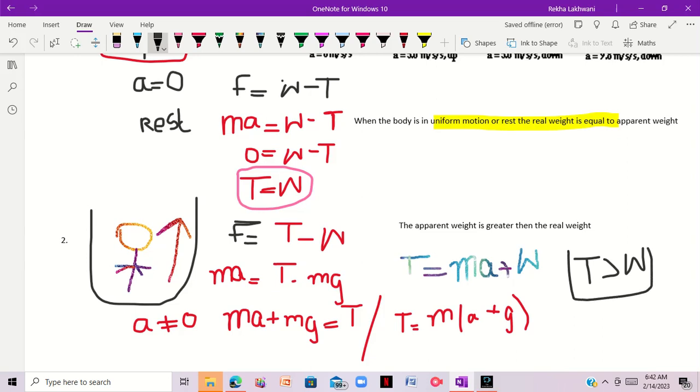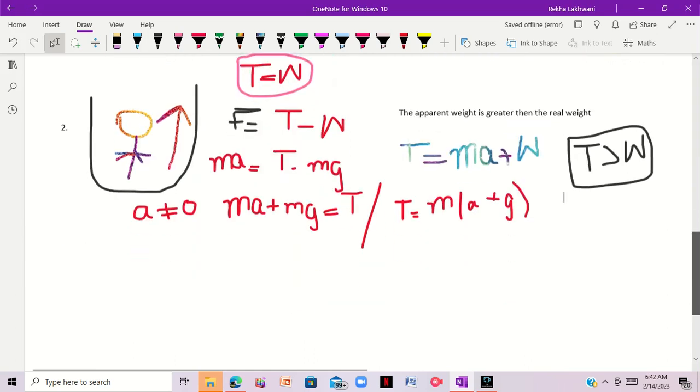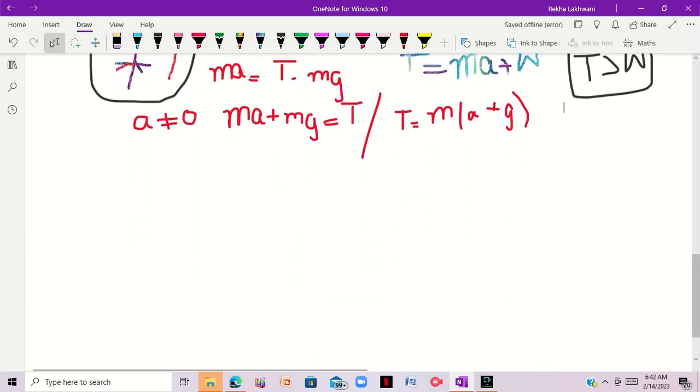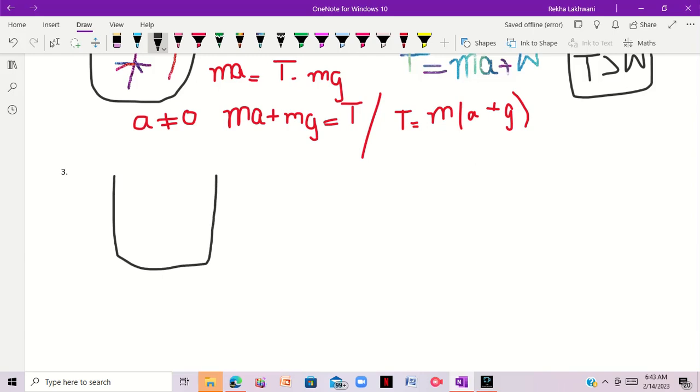It will be like this. So I hope this is clear to you. Now let's look into the third case. Let's make a body. Here is a man.